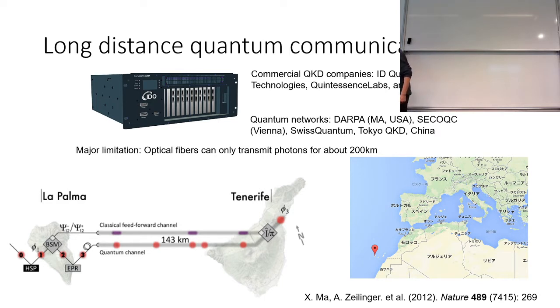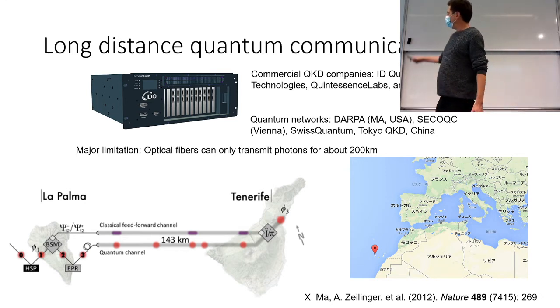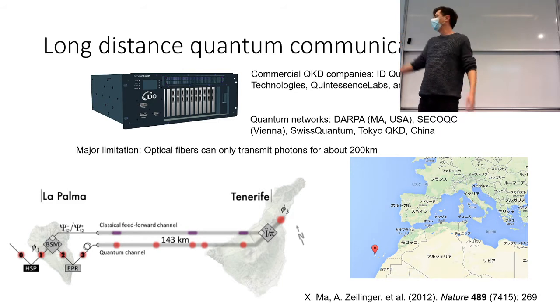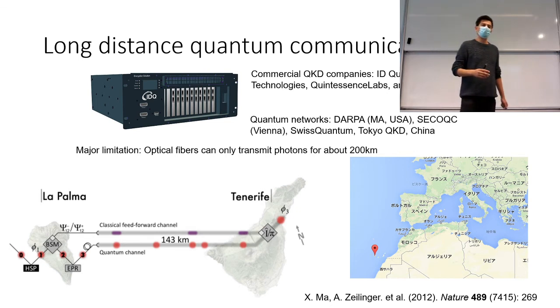So this is Morocco. For some reason I got the Japanese version. So these are two islands off Morocco, and they sent light basically just across the ocean, 143 kilometers, and they did this experiment where they could teleport a state of a photon from, this is where you input some quantum state, and this is where you create entanglement, and then finally this is where the desired state is teleported.